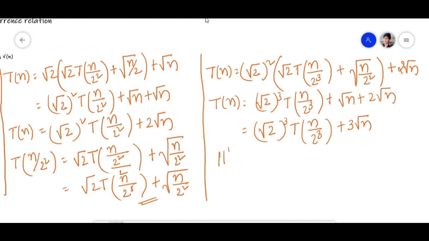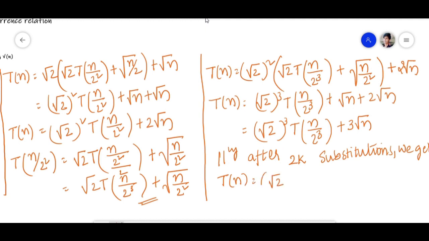Similarly, after 2k substitutions, we get T of n equals root 2 power 2k T of n by 2 power 2k plus 2k into root n.